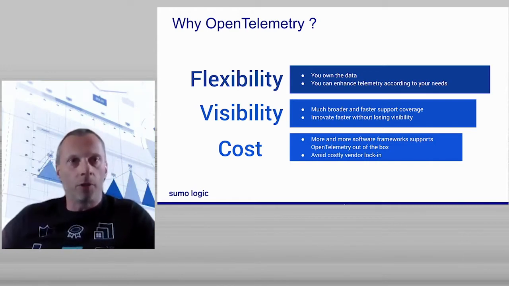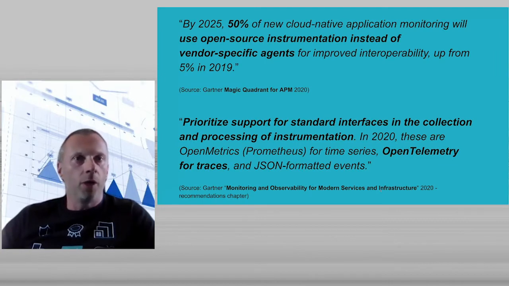More and more organizations feel the same way, and that industry trend was recently confirmed also by leading analysts that predict that in a few years, half of the new microservice-based applications will use open source instrumentation instead of vendor-specific agents. They also advise everyone to adopt OpenTelemetry as an emerging standard for tracing collection as soon as possible.